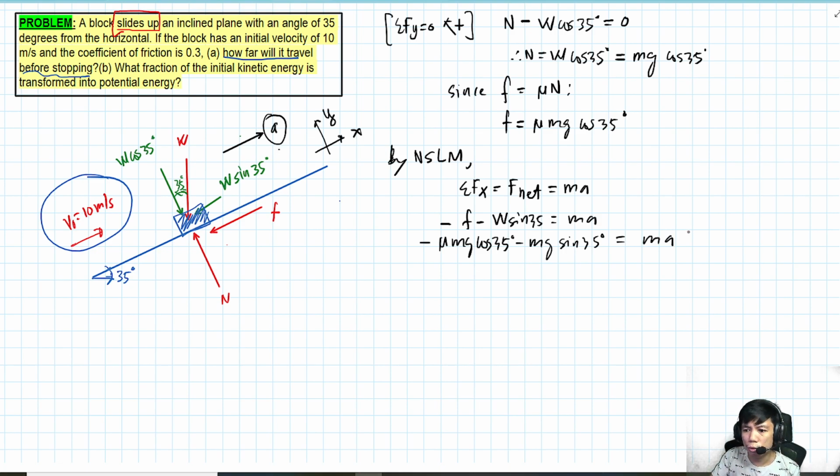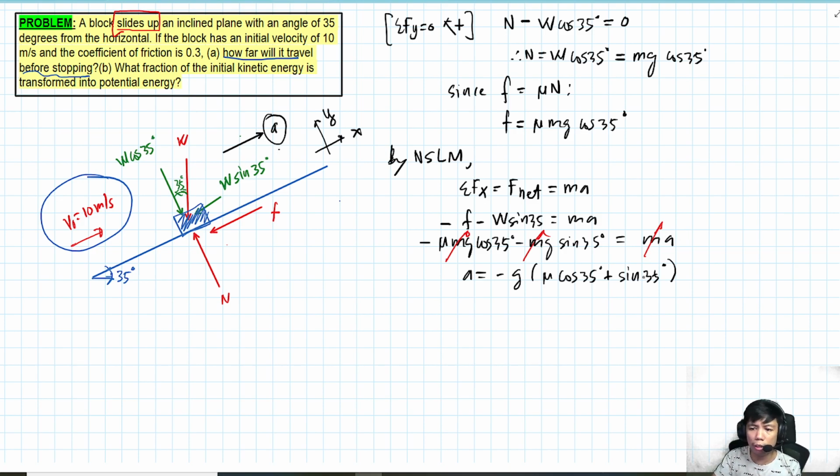So, cancel dito yung m. Tapos, yung negative g, i-factor out natin. And then, flip the side. So, yung a natin dito, guys, ay equal to negative g quantity, mu cosine 35 degrees plus sine 35 degrees.